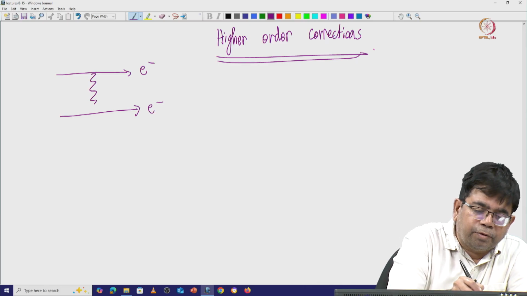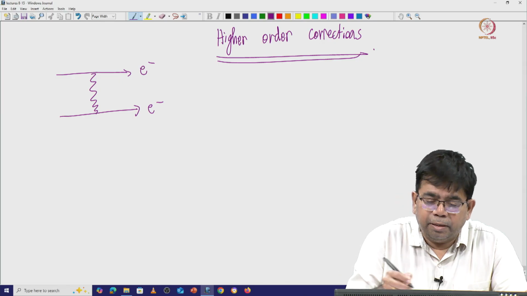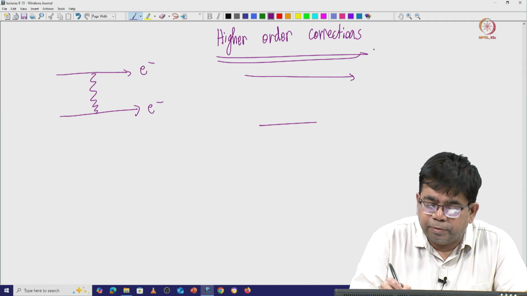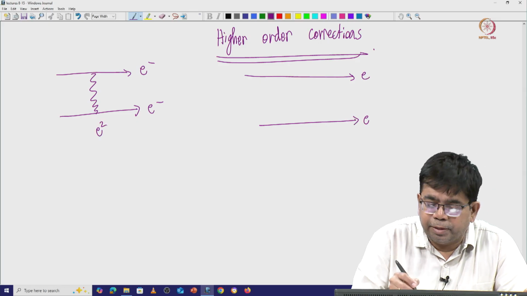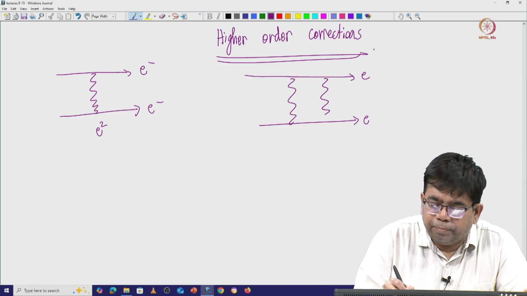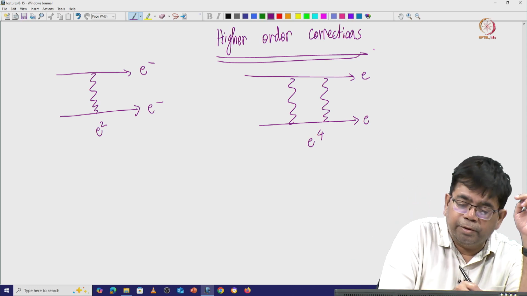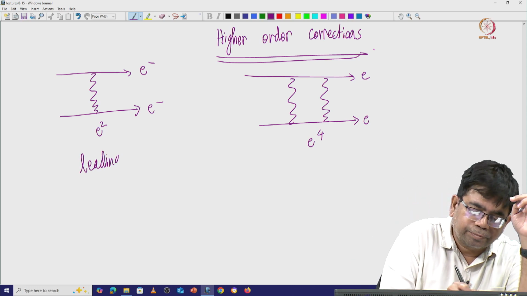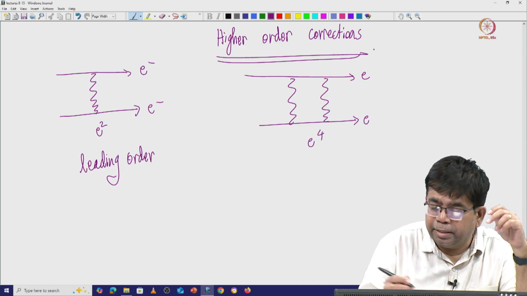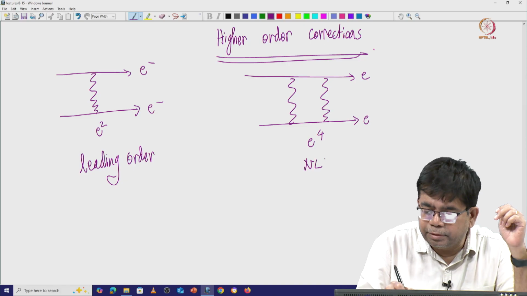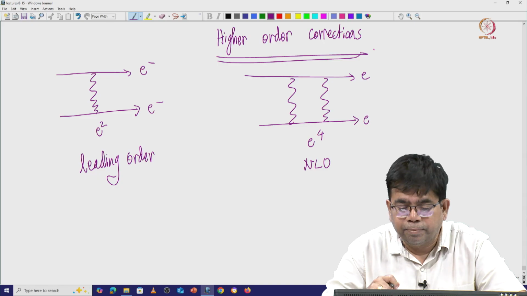You can exchange 1 photon, that is at e square, at leading order. But in the higher order, at e power 4, at next to leading order, NLO, you have 2 photons exchanged.